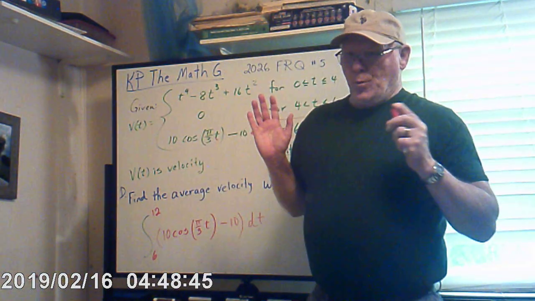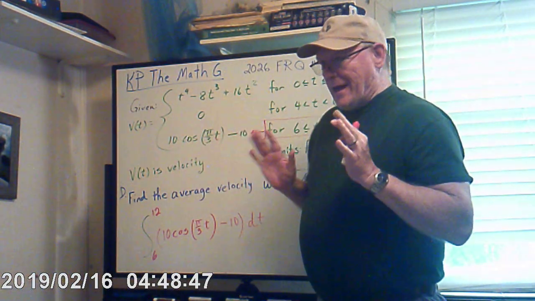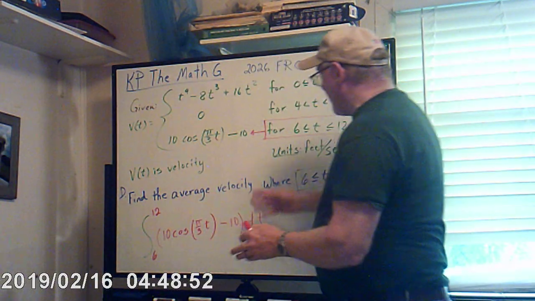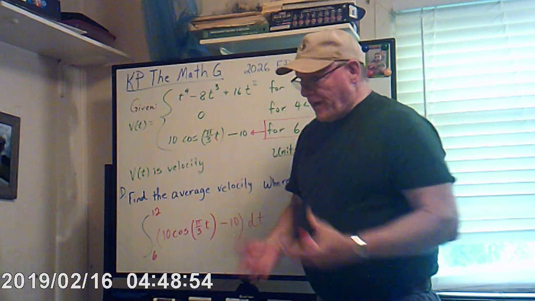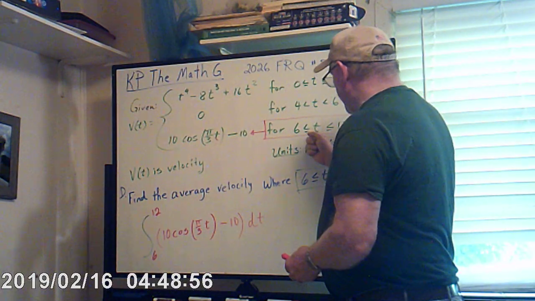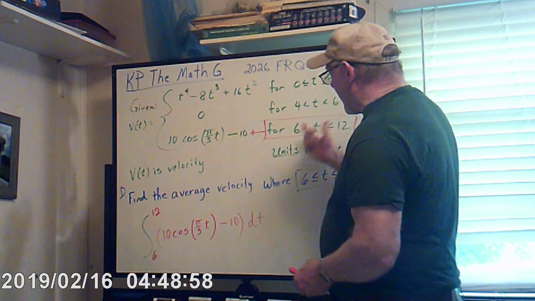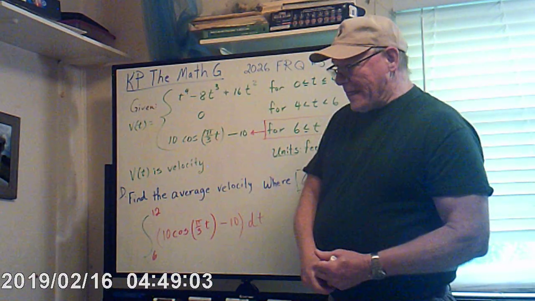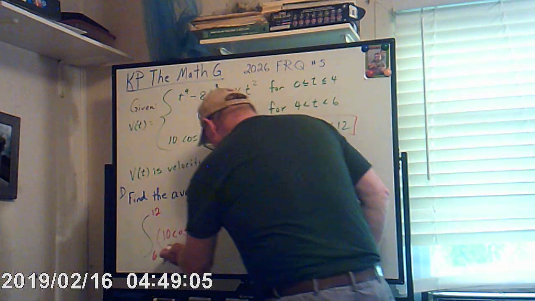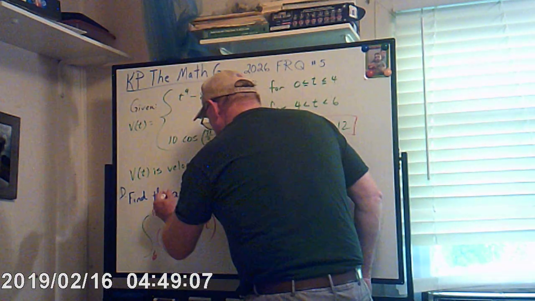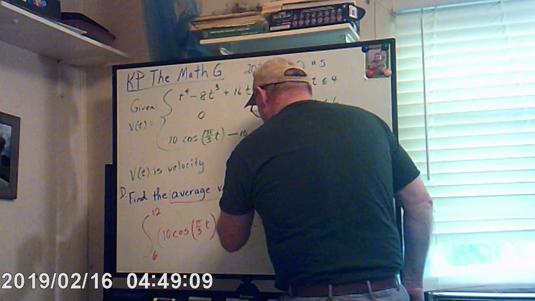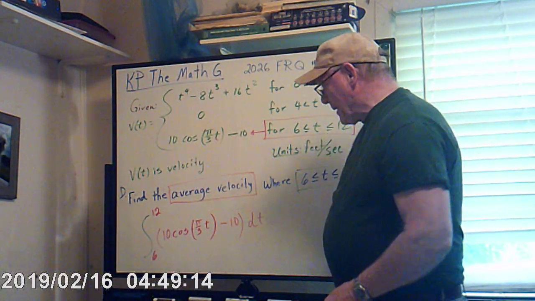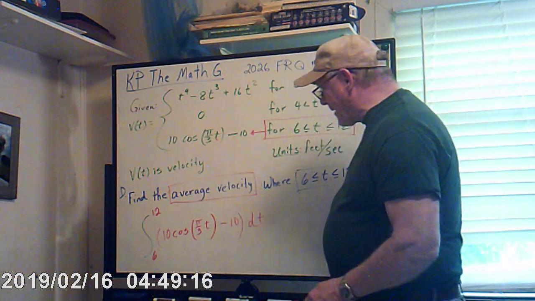If we were looking at how far, or the distance, the car traveled when t is between 6 and 12, this would be all we're doing. The problem is, this is distance right here. But when we talk about average velocity, you cannot just leave it like this.